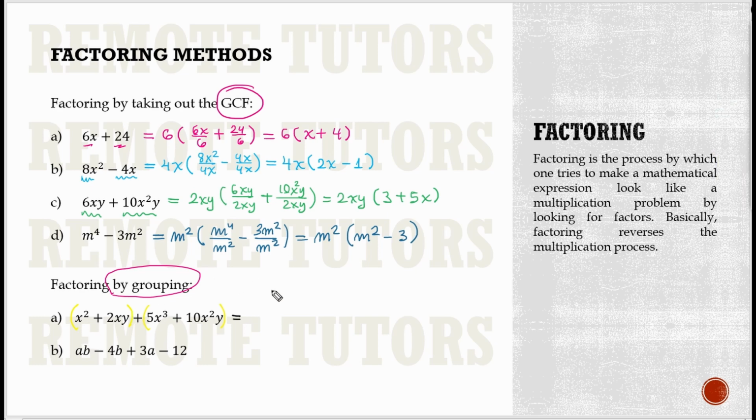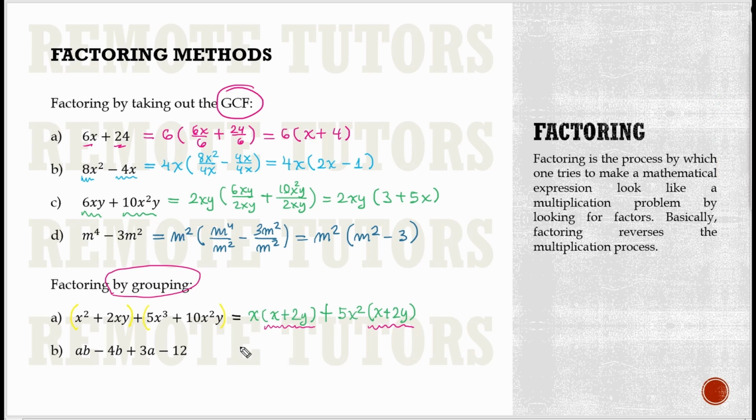The factored form of the first sum is x times x plus 2y, plus the factored form of the second two terms will be 5x squared times 1x plus 2y. As you can see, we have found a common factor, x plus 2y.